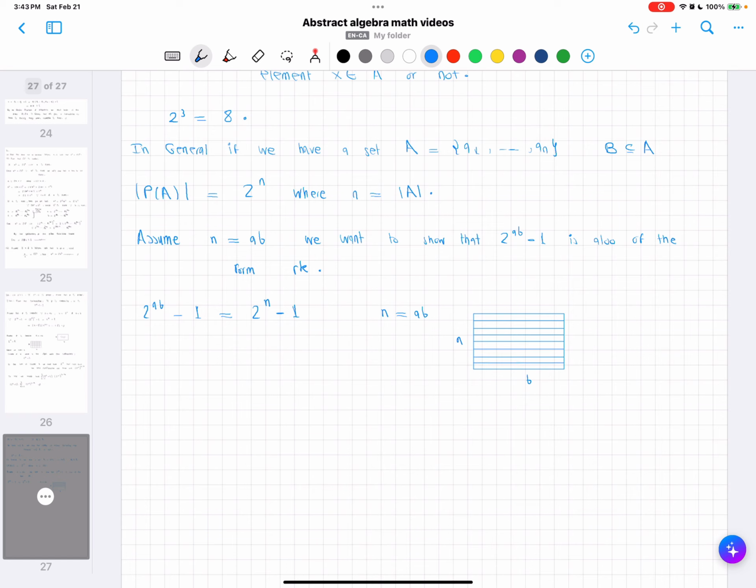You want to count the total number of switches.